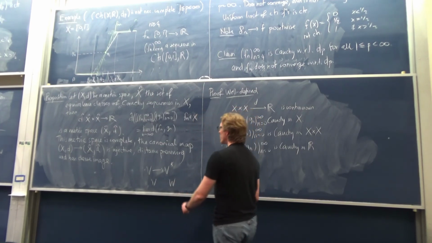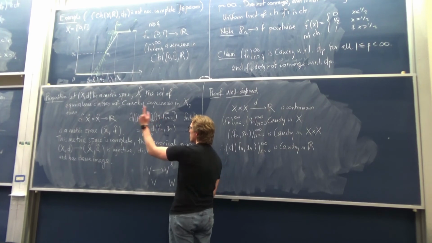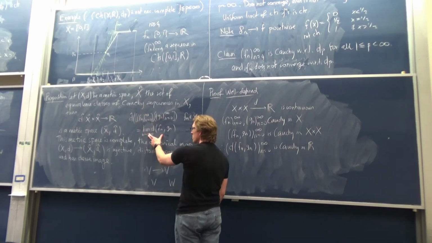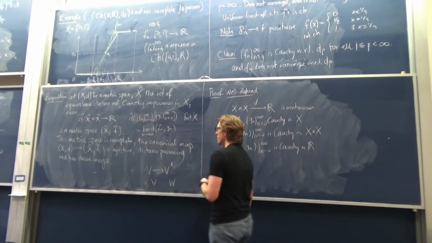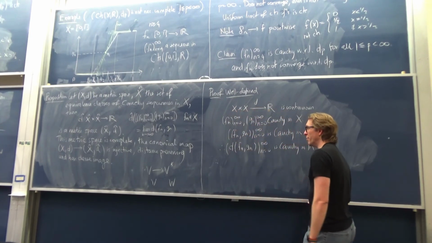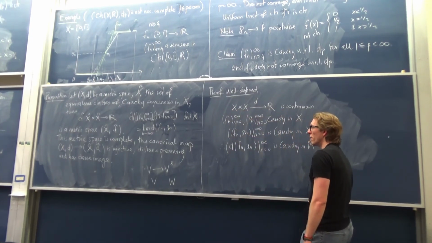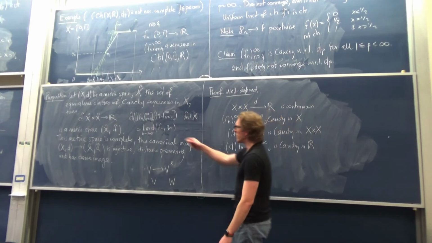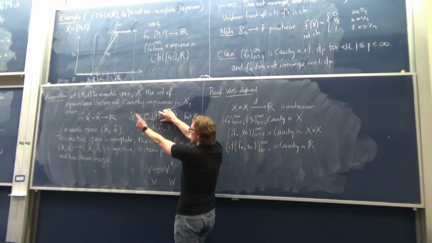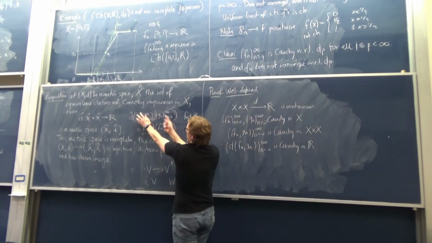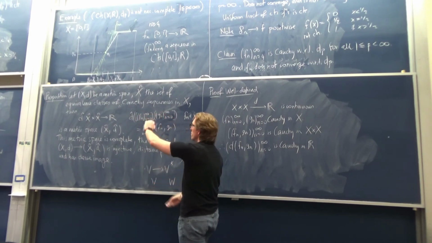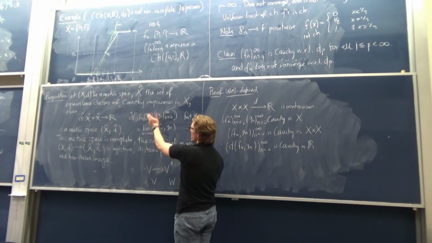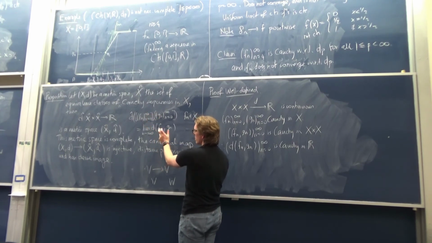Okay, so that shows that once I've chosen representatives from the equivalence classes, this number is well defined. But now I have to check that it's not dependent on the choice of representatives. In principle, that means I need to fix this one, choose a different representative here, and fix that one, choose a different representative there, and prove that it's independent of either maneuver. But this is symmetric, because the distance here is symmetric.